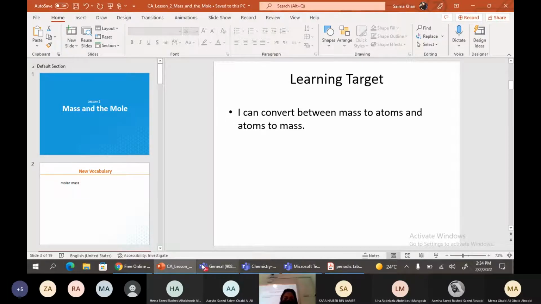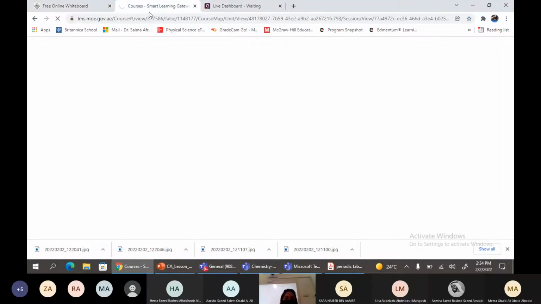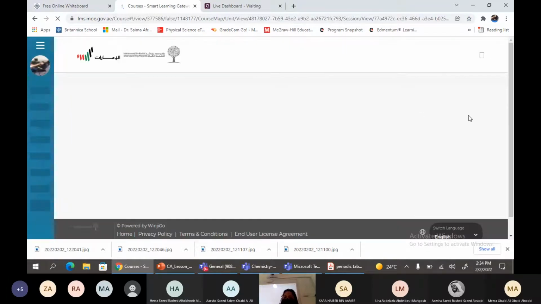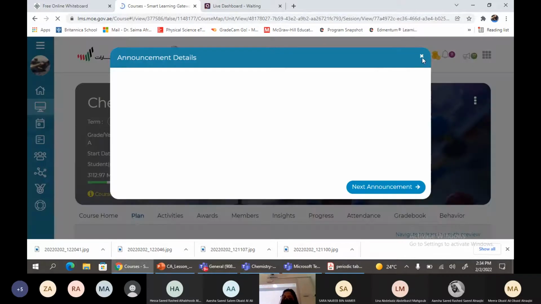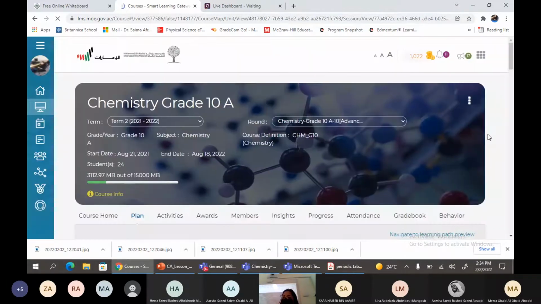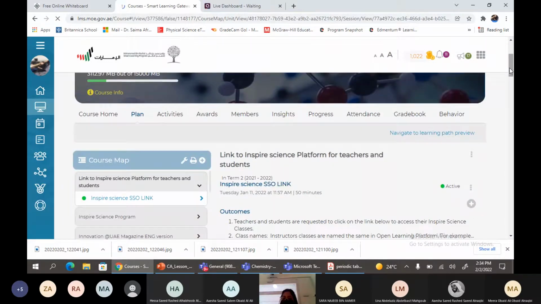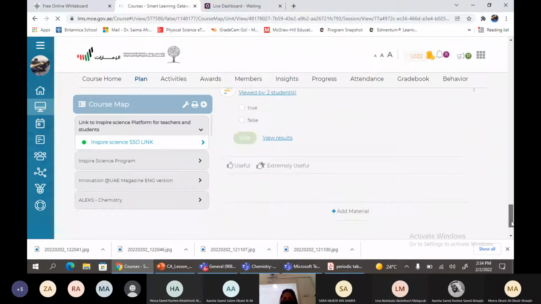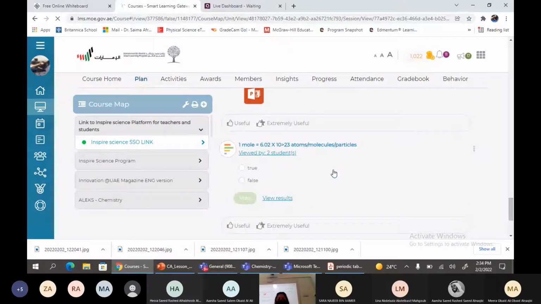But first, I want you to open LMS and complete this. Open LMS, please, everyone. There is a poll there. You need to just write either the statement is true or the statement is false. This statement is related to yesterday. Please indicate if the statement is true or false. 1 mole of anything is equal to 6.02 into 10 raised to the power 23 atoms. If you want me to share the link, I will share the link also.